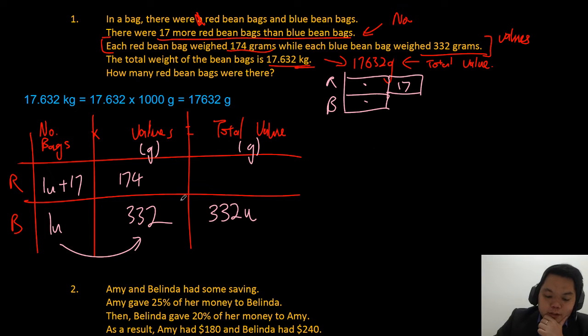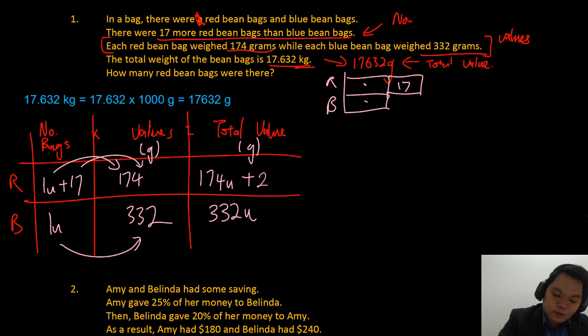Then the next part here is the 1 unit will get multiplied by 174 first, so that will give you 174 units, and 17 gets multiplied by 174 to give you 2958 grams.